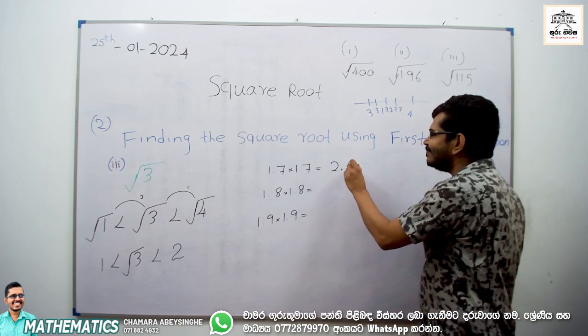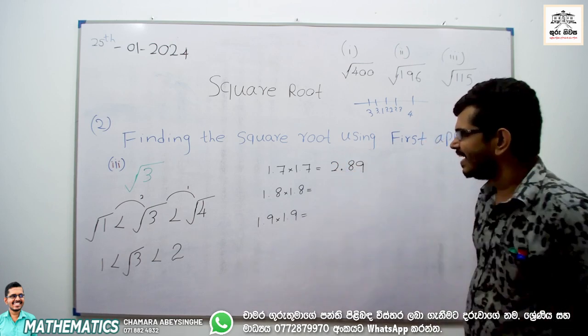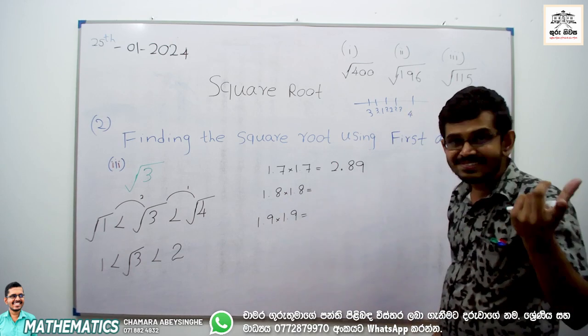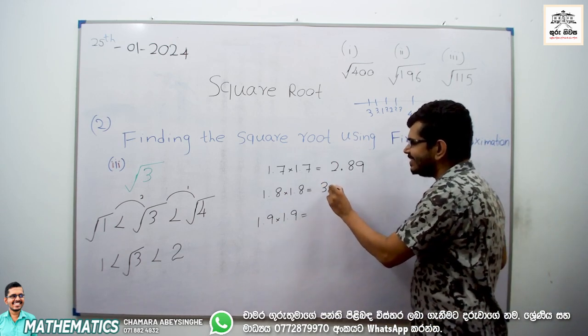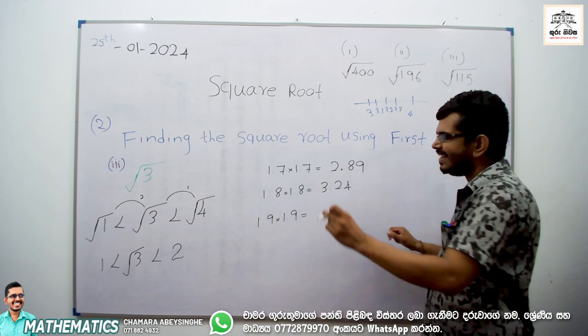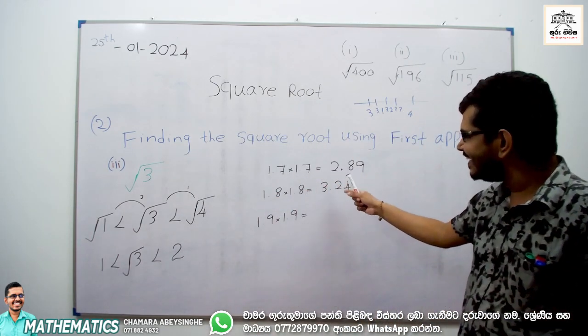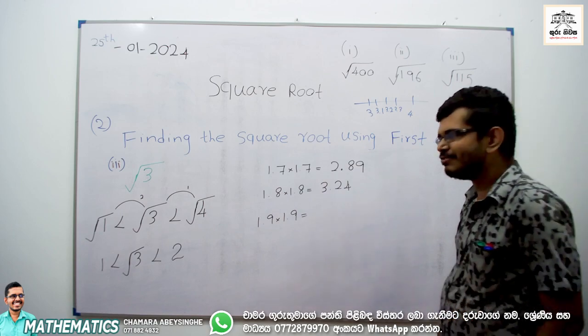That means 2.89. And 18 multiply 18, 324, 3.24. And 19 is not needed because 18 multiply 18 already passes 3.24.